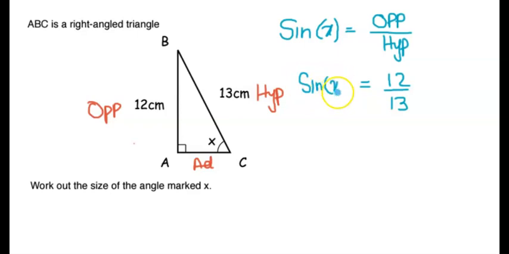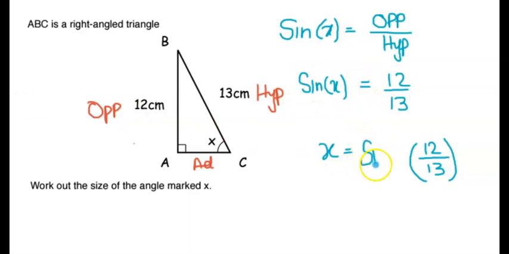Up to you if you want to work out 12 over 13 or keep it as it is and move the sine to the other side. If you want to keep all the numbers perfect, keep it as it is. Once you move this sine from here to there, there's a thing that appears on the top called inverse.